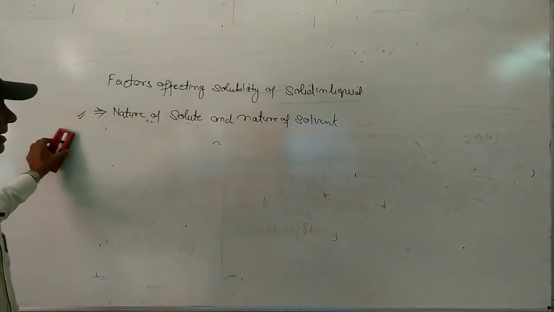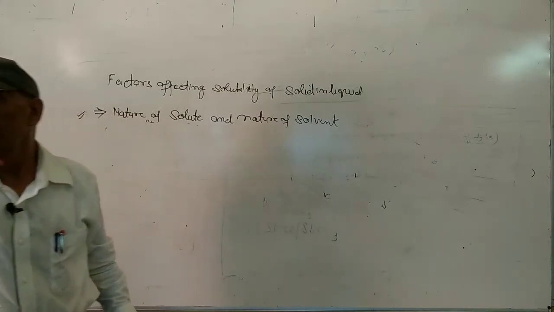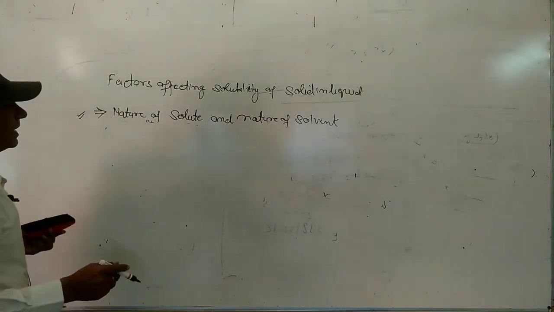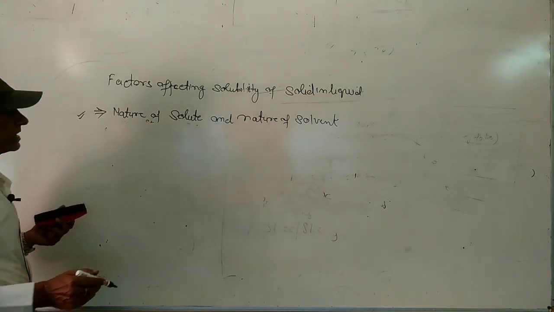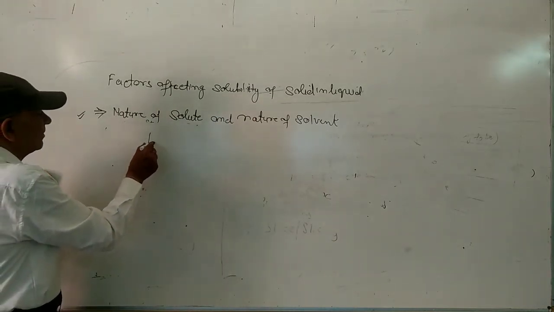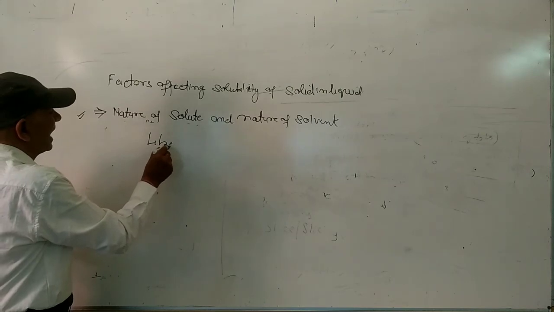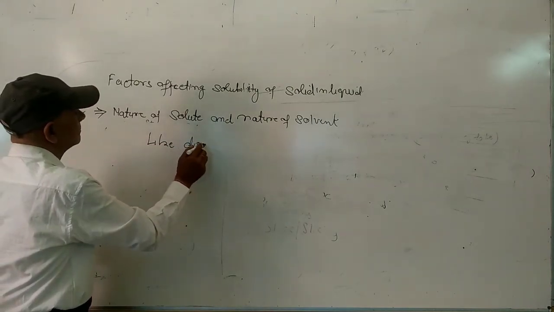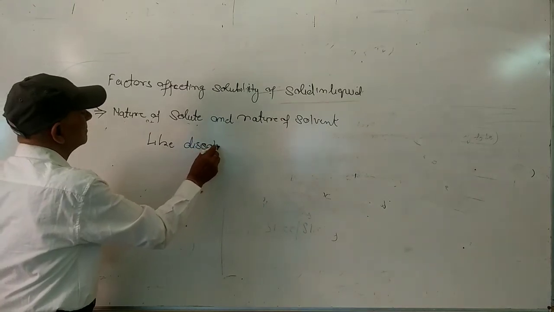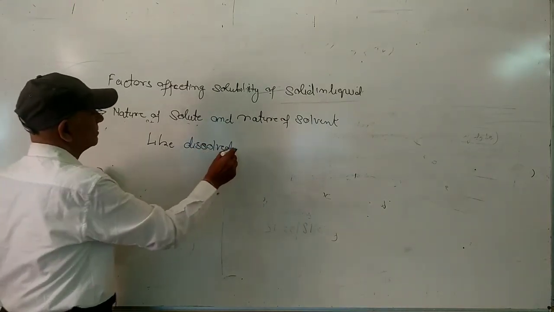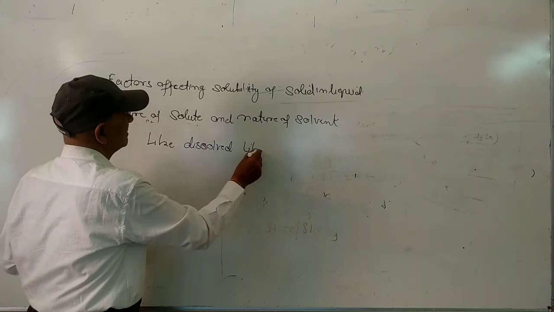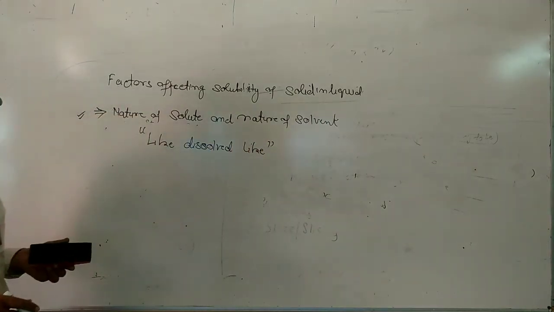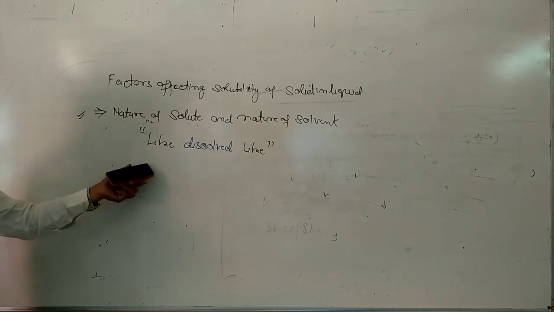This shows that polar compounds dissolve in polar solvents and non-polar compounds dissolve in non-polar solvents, and that is the basic universal principle: like dissolves like. That is the universal truth.